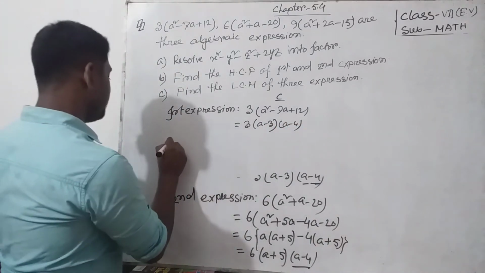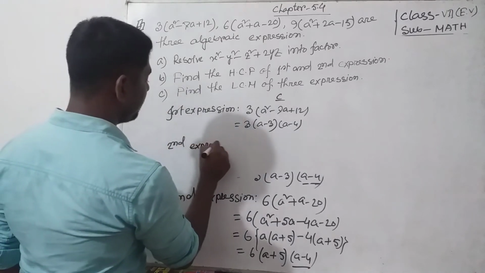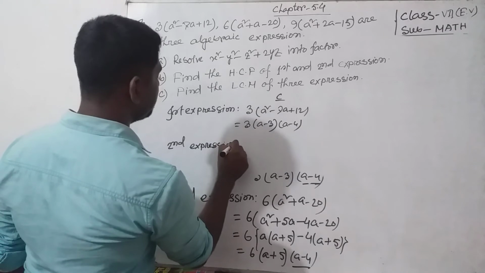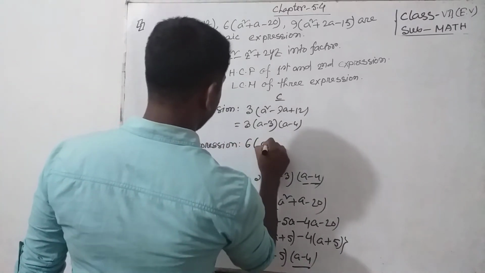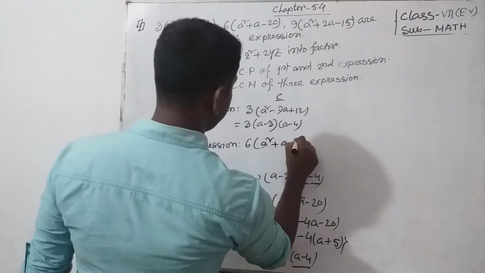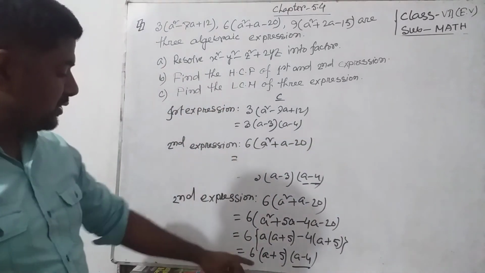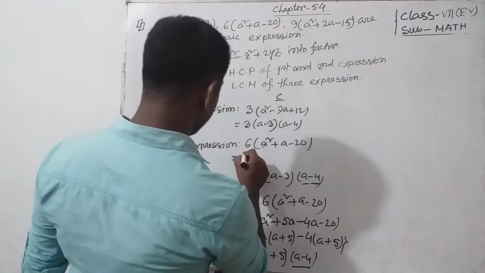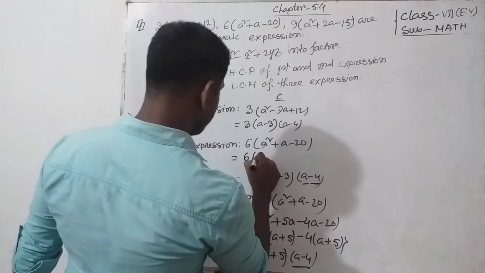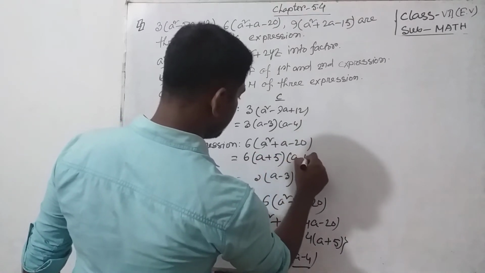Second expression, 6 into a square plus a minus 20. We can write it 6 into a plus 5 into a minus 4.